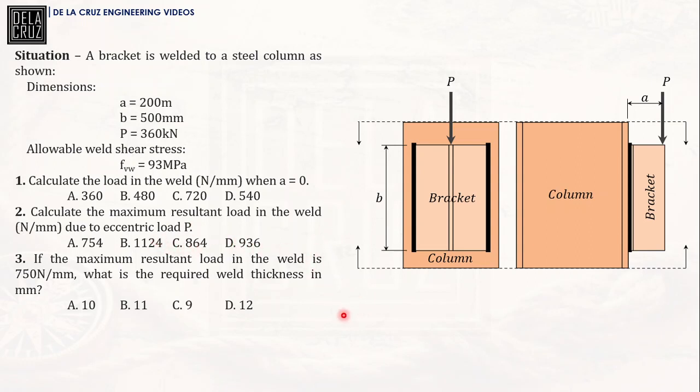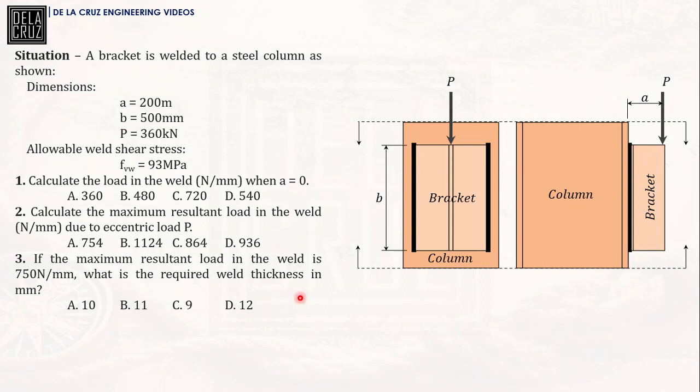For number 2, we are required to calculate the maximum resultant load on the weld, considering the eccentricity. Basically, this A is our eccentricity from the weld.